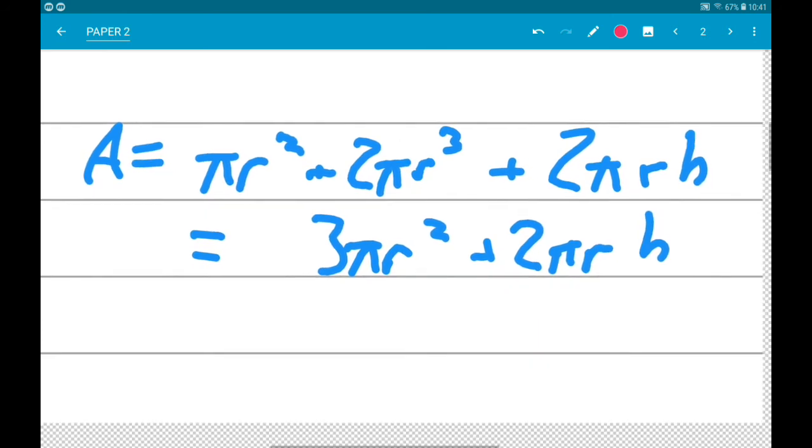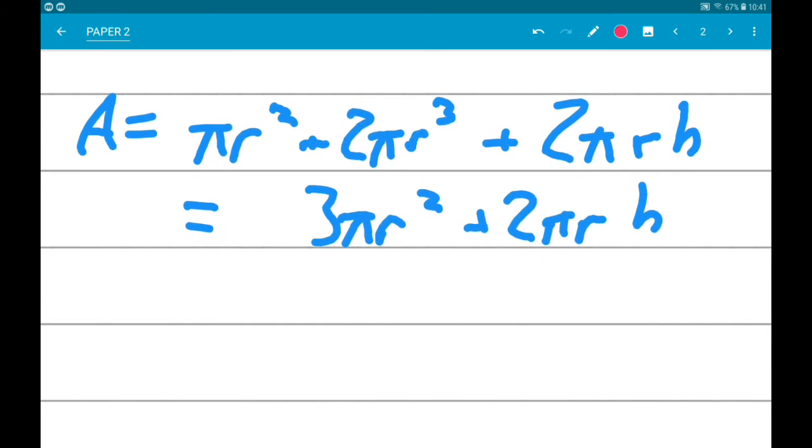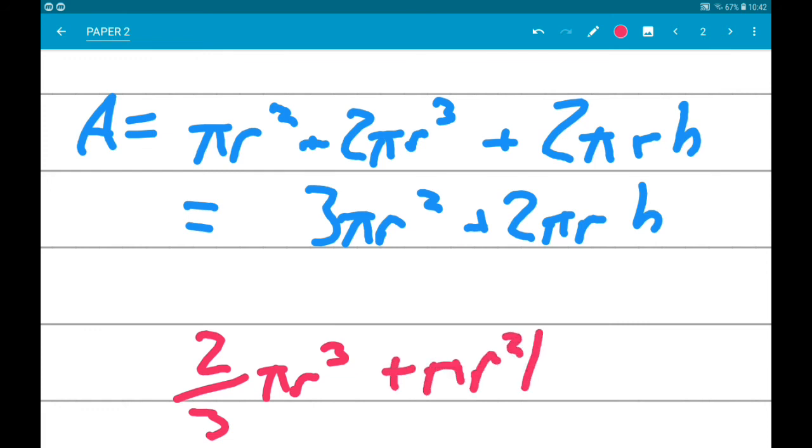Now, the volume is also half of the hemisphere, so that's 2/3 pi r cubed, add the volume of the cylinder, so that's pi r squared h. Now we know that that is 6.